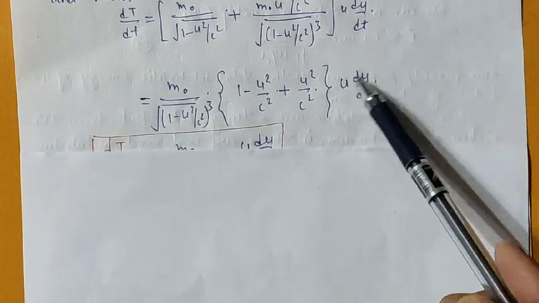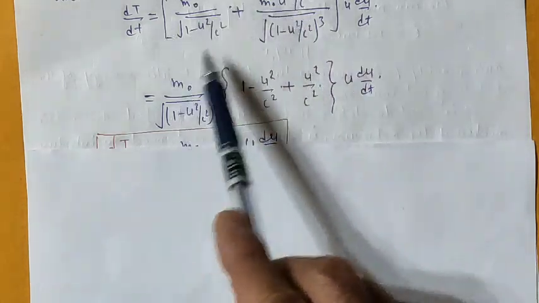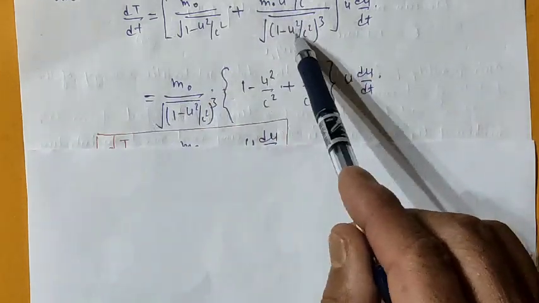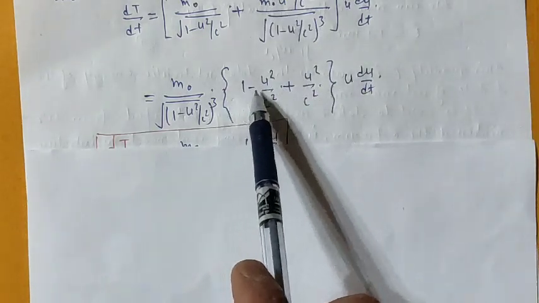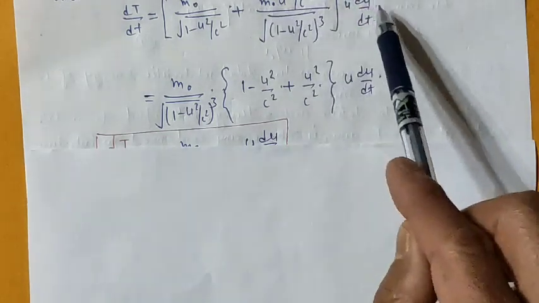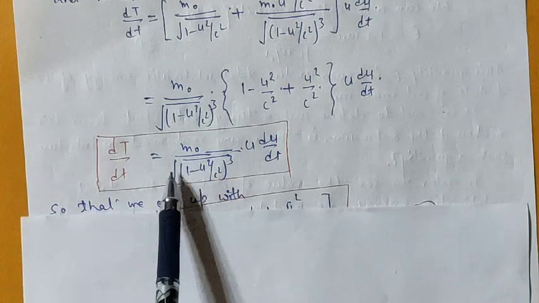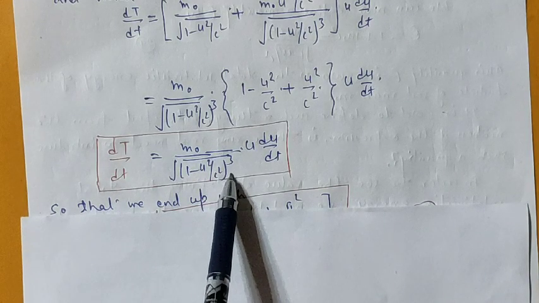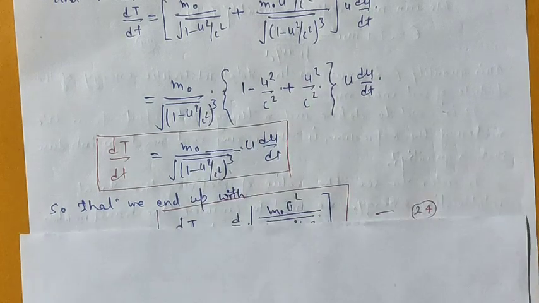Taking the common factor m naught divided by the square root of 1 minus u squared over c squared, cubed, outside, inside we have 1 minus u squared over c squared plus u squared over c squared, then u du by dt, and finally this is equal to m naught over the square root of 1 minus u squared over c squared cubed, times u du by dt.